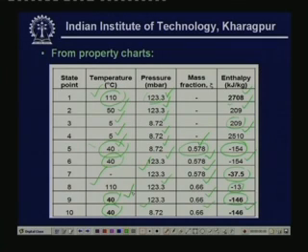So, once you have all the points and once you have the PTX and HTX charts, then if you can locate the points carefully on the PTX and HTX chart, then you can find out all the required state point property data, okay. Once you have all the property data, the problem becomes very simple, because all that you have to do is take each component and apply mass and energy balance across each component.